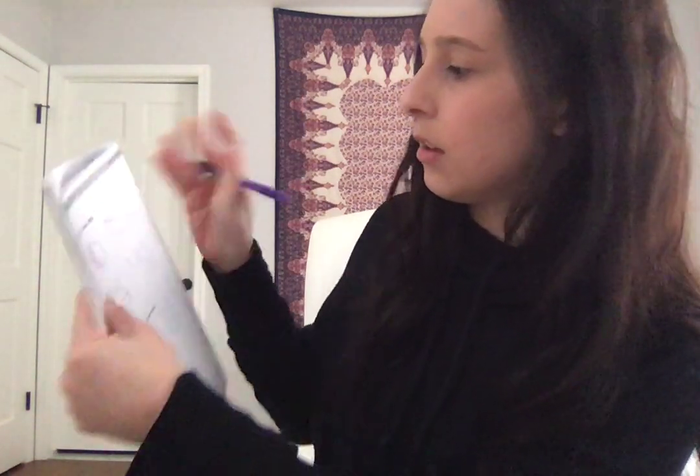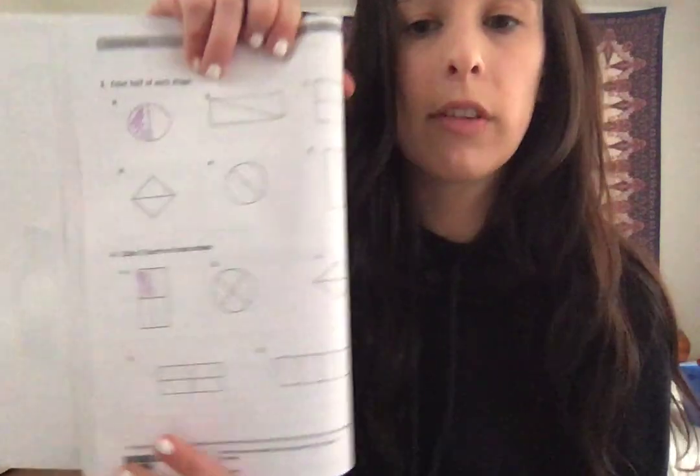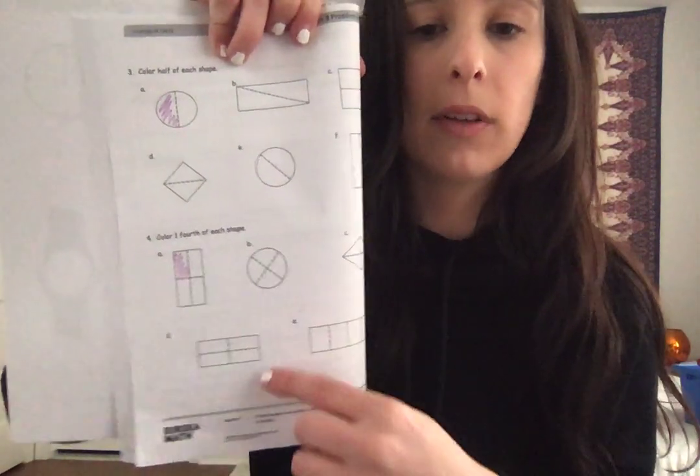So I'm going to look at this, and I colored in 1 half. Colored in half of it, not the whole, but half. You're going to do that for the rest. Down here, you're going to color 1/4 of each shape. So it's cut into 4 equal parts. You color in 1. Just like that. And you'll do that for the rest.